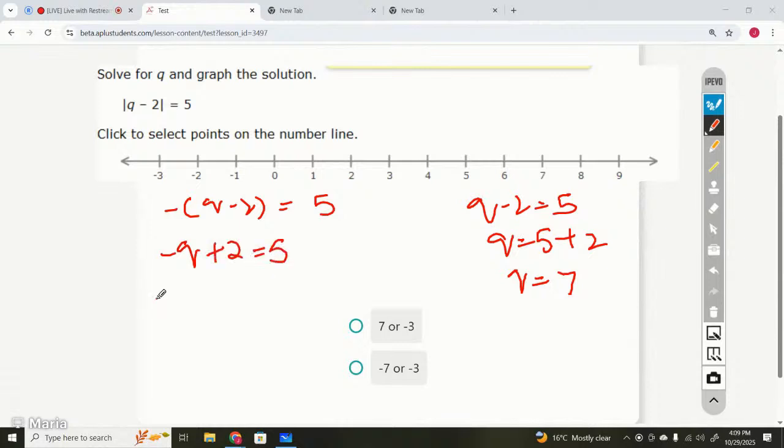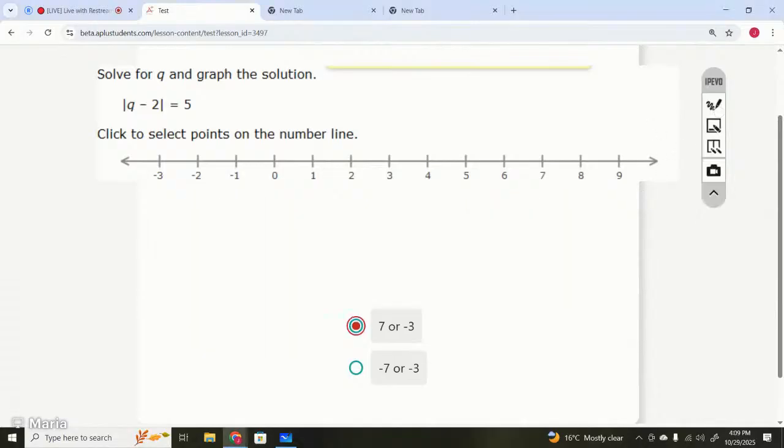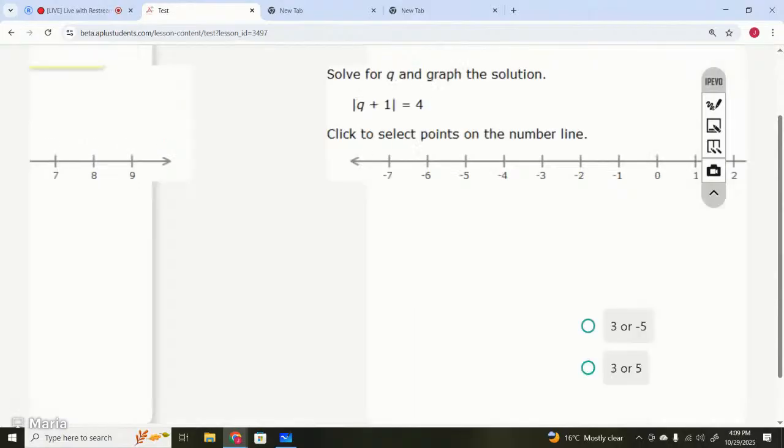Negative q minus 2 equals 5, so q equals negative 3. So that is 7 and negative 3. Option number 1 is the correct option.